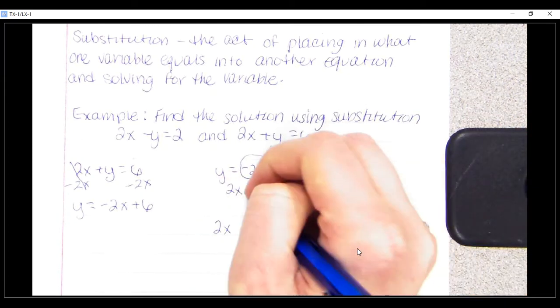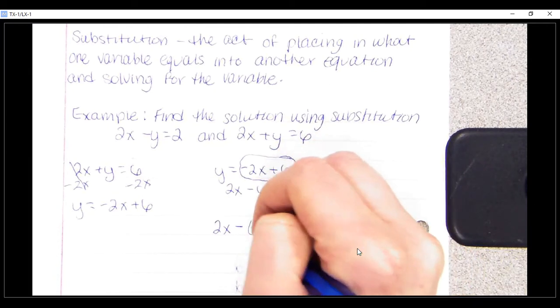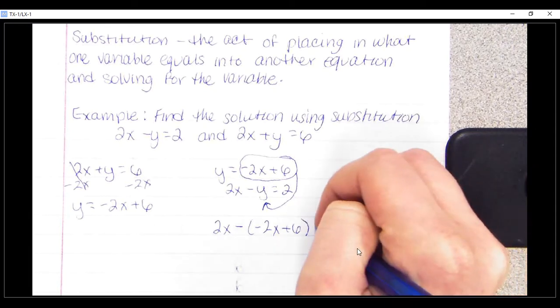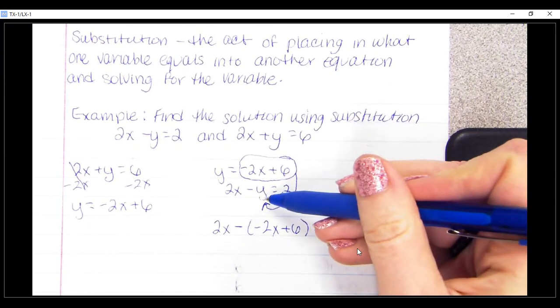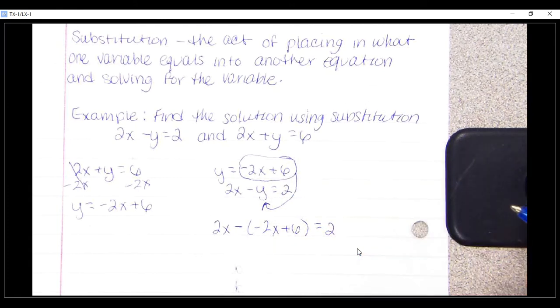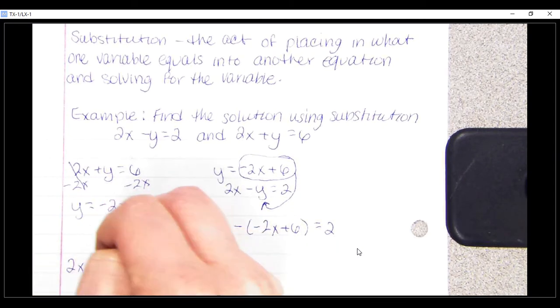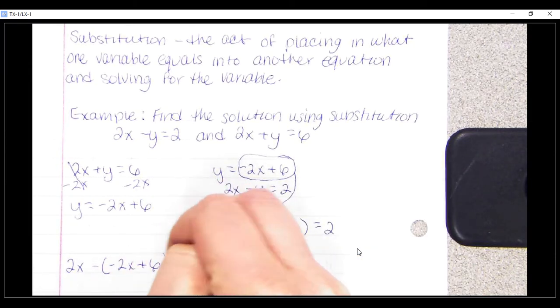We have 2x minus. Now instead of y, we're going to write negative 2x plus 6 in parentheses and have that equal to 2. Again, nothing changed besides the y being replaced by negative 2x plus 6. Just going to rewrite it so that we have a little more space.